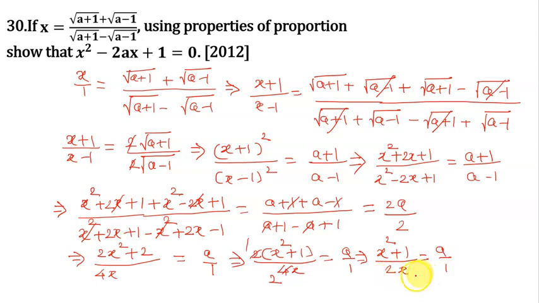After cross multiplication, you will have x² + 1 = 2ax, and finally after simplification you will have x² − 2ax + 1 = 0. This we wanted to prove, that is x² − 2ax + 1 = 0, and hence it is proved.